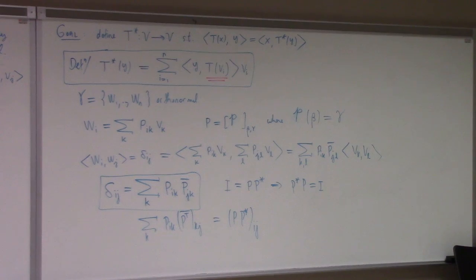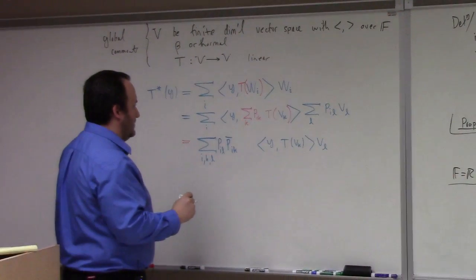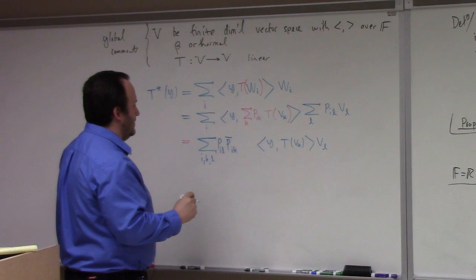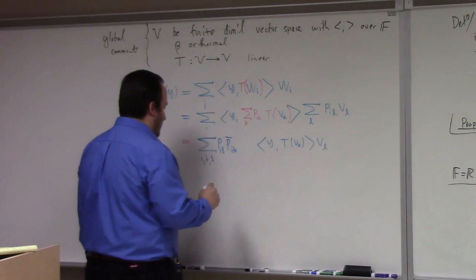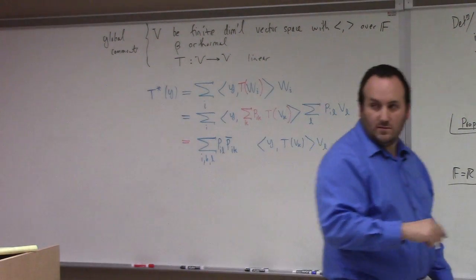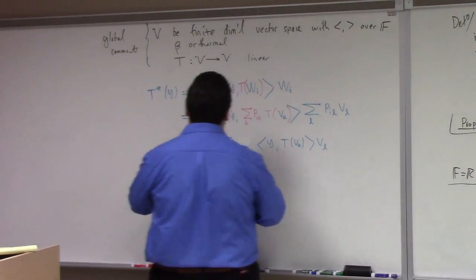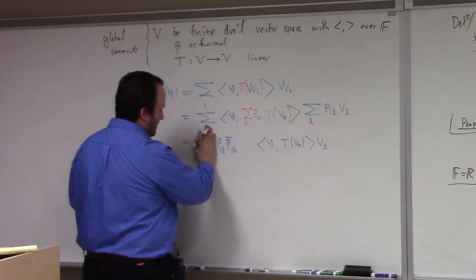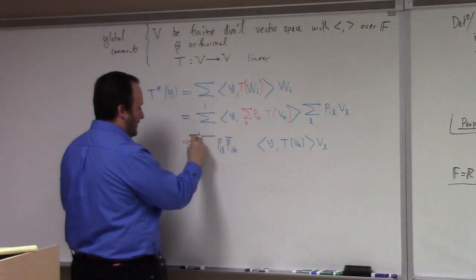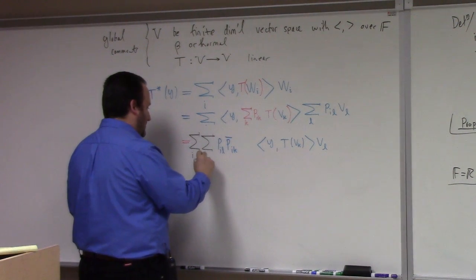I feel like I have one too many sums here somehow. Oh, okay, actually this is fine. Let me just rewrite it this way. This is the sum over i, the sum over k and l.